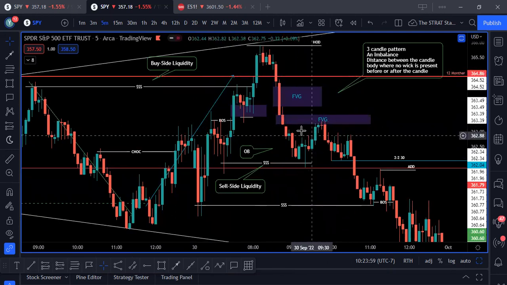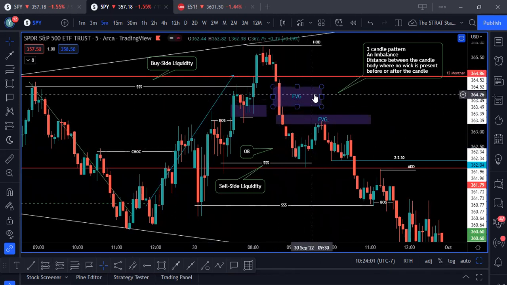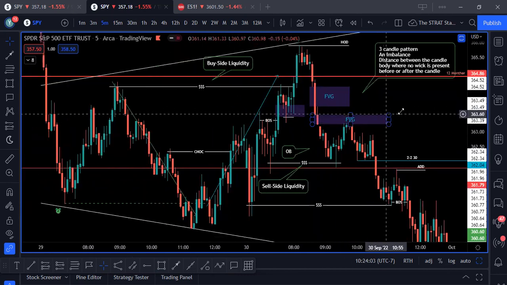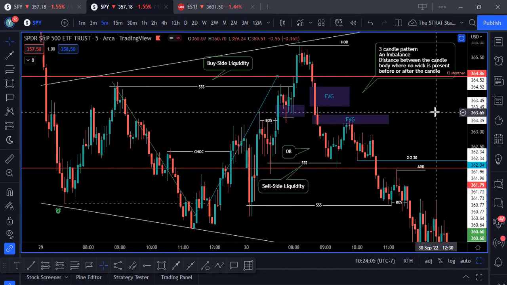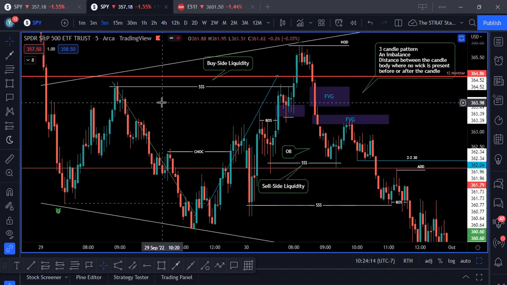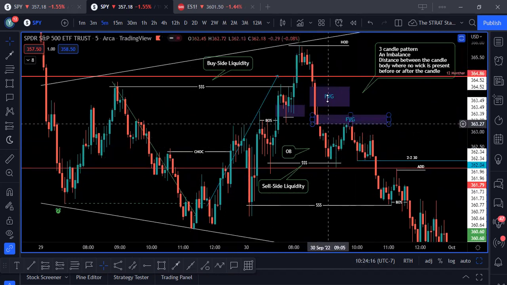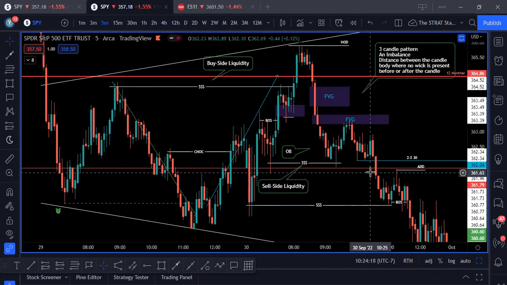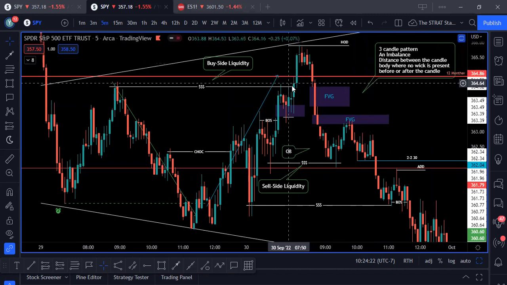This one wasn't the best example, but usually it'll pull up much higher, and you expect a rejection. I just take those off highs of days and lows of days, and I've realized that the market is constantly trying to move from buy side liquidity to sell side liquidity, and it's always targeting. I'm always using imbalances as my first targets. So I combine that with the strat and what we know of higher time frames, and that's pretty much how I trade it.